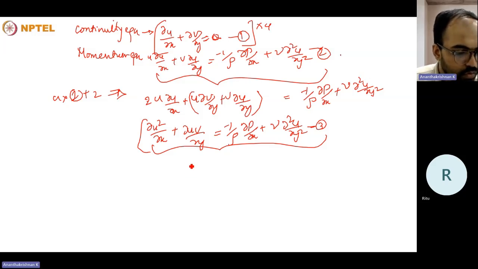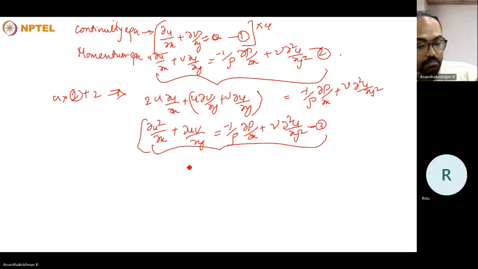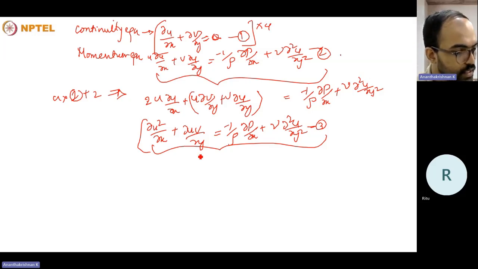Now what we could do is integrate these equations from one point to another, to arrive at the integral form of the momentum equation. We integrate it from 0 to y.